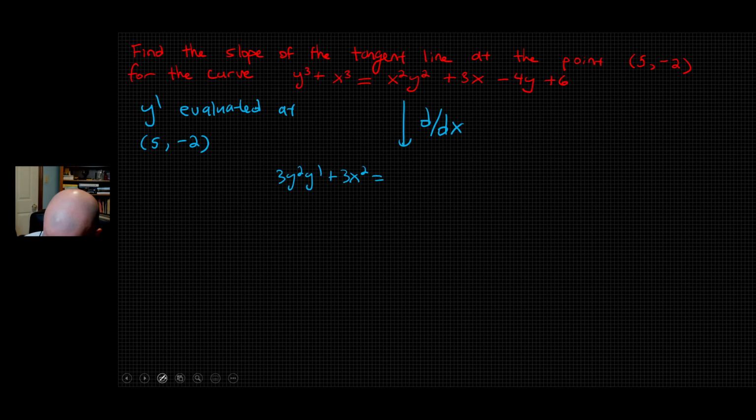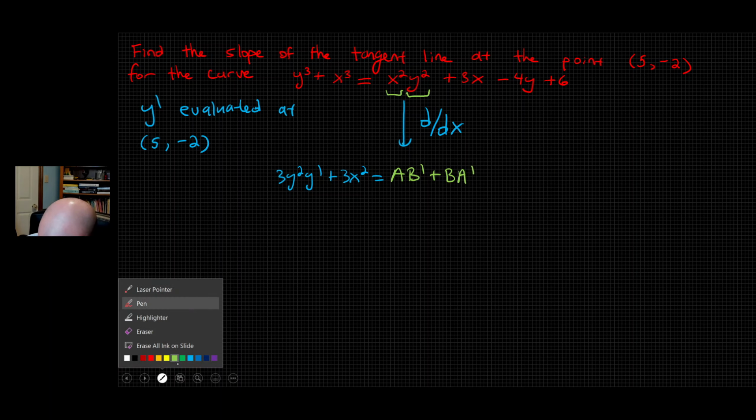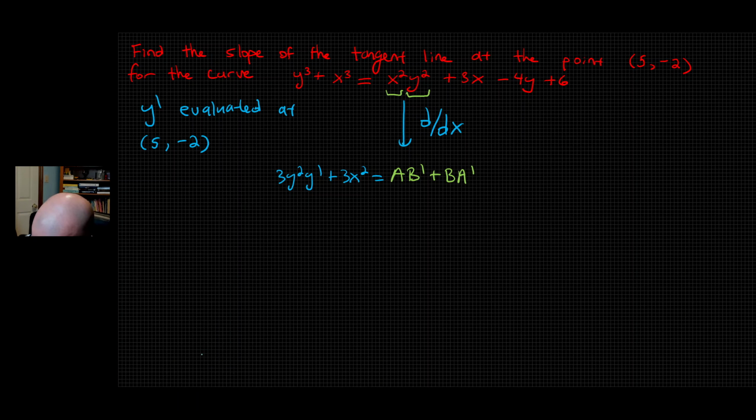equals. We have a product rule for the next part, and it's easy to miss if you're not looking for it. a times b, so a b prime plus b a prime. Next piece we have derivative of 3x is 3, derivative of negative 4y is negative 4y prime, and the derivative of 6 is 0.